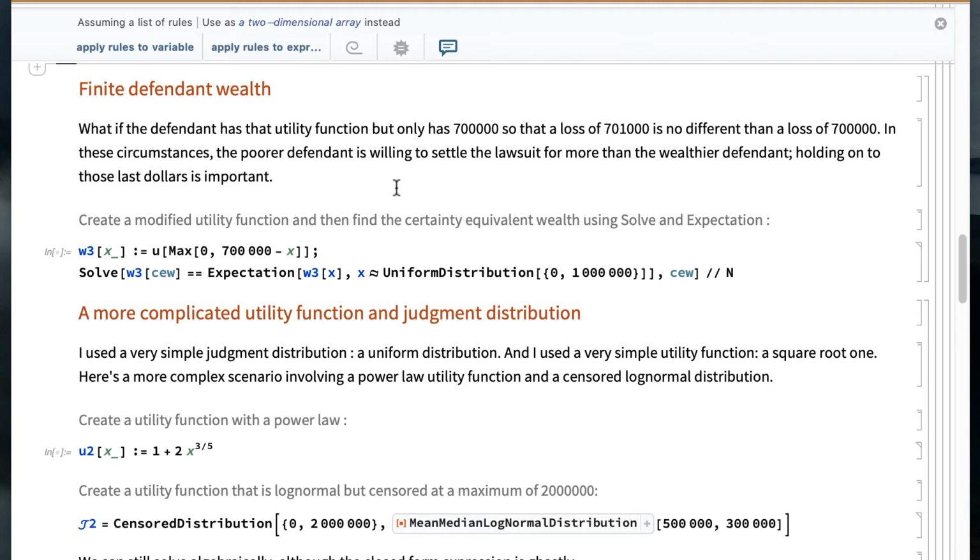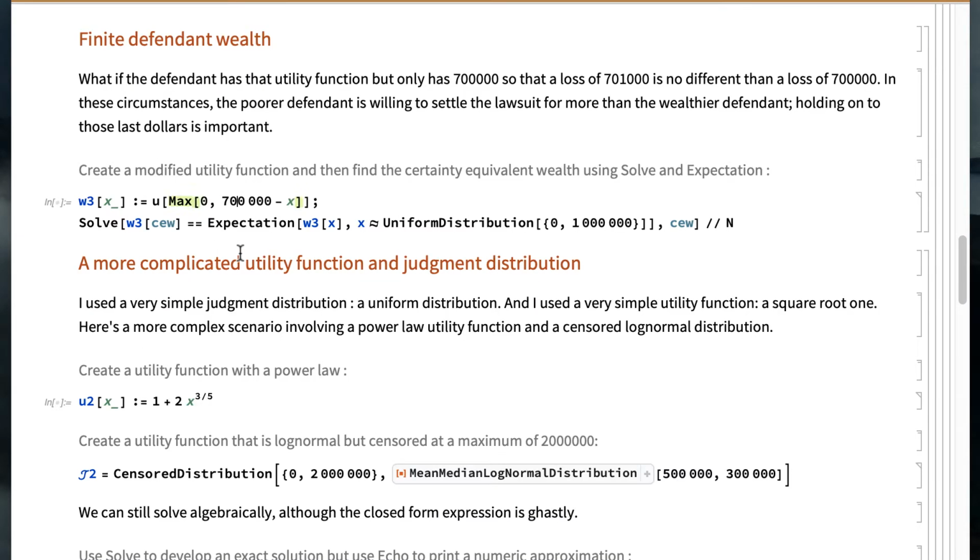So in these circumstances, the poorer defendant, let's see how they feel about it. Okay, so we're going to write a new utility function W3, such that their utility is equal to their square root utility of the greater of 0 or $700,000 minus the judgment amount.